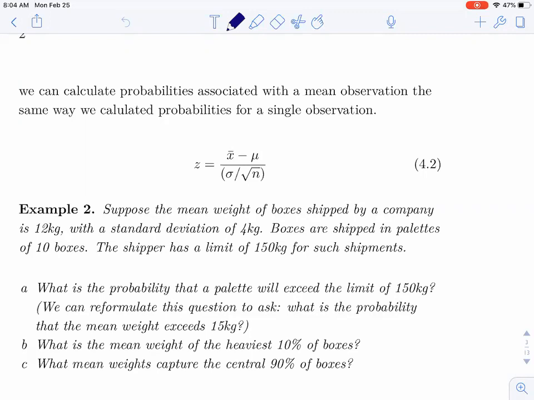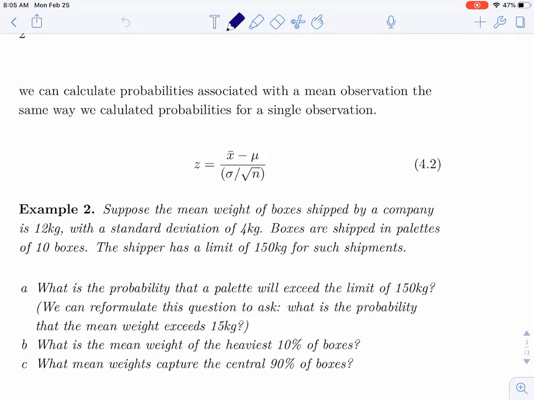Now we replace our x with x bar and see how far it is from the mean. This is now the mean of x bar, but it's the same as for a single observation. Then instead of just dividing by sigma, now we're dividing by sigma over root n. Once you have your z-score, everything is the same. You use your z-table to find the probability that you need.